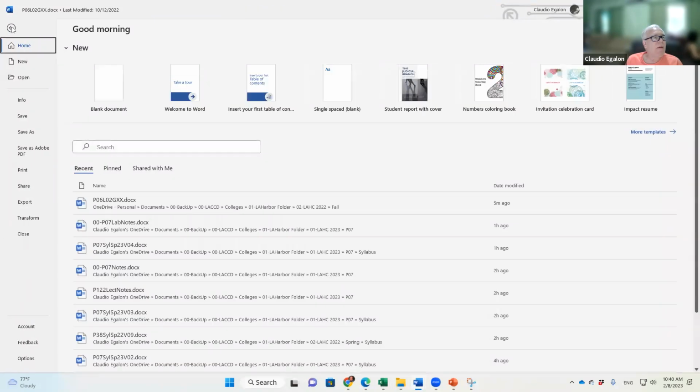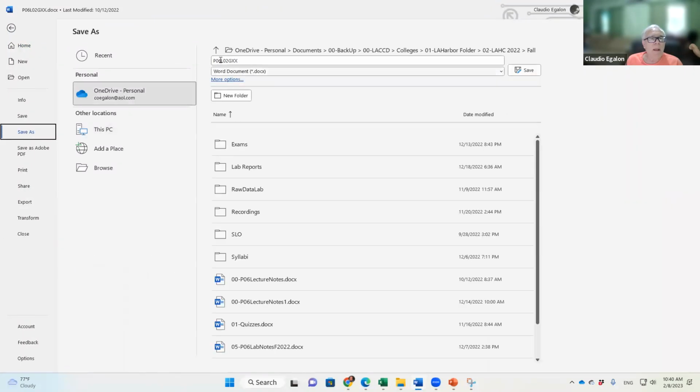Let me save that elsewhere, and I'm going to change the name of this one. For our first lab, it's going to be lab number 01. The name of the file, both the spreadsheet and the Word document, will always have this format: P07, that's physics 7.